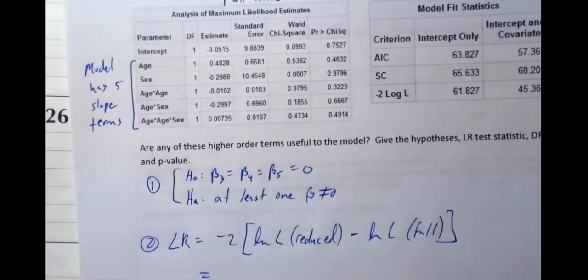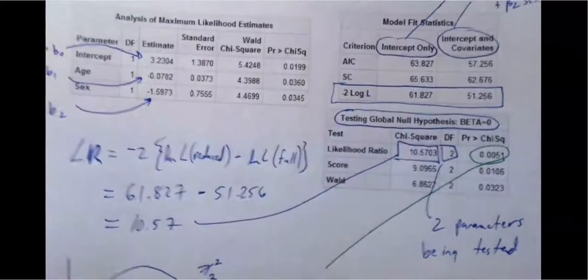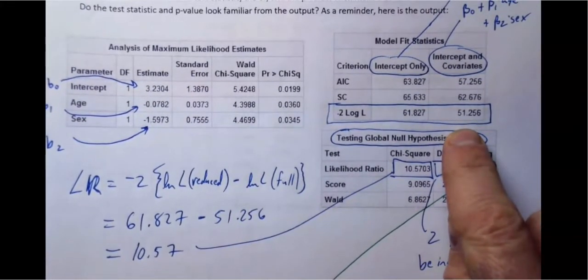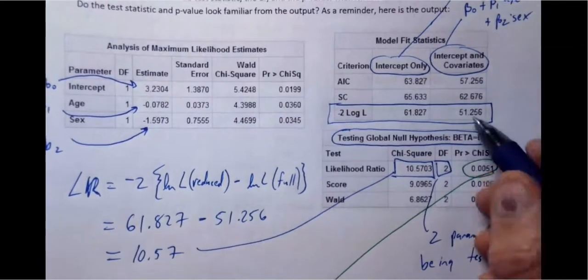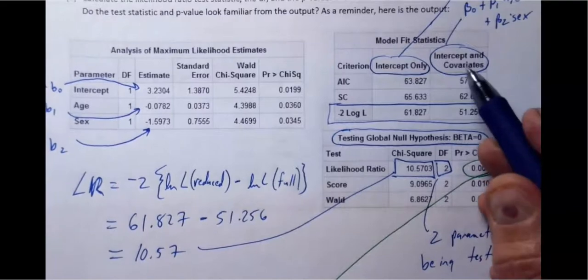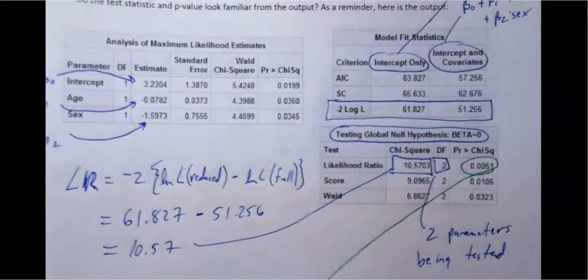Minus 2 times the log likelihood for the reduced model, I can look back at this previous page, and it's 51.256. This is the minus 2 times the log likelihood for the model that has the intercept and covariates for age and sex.